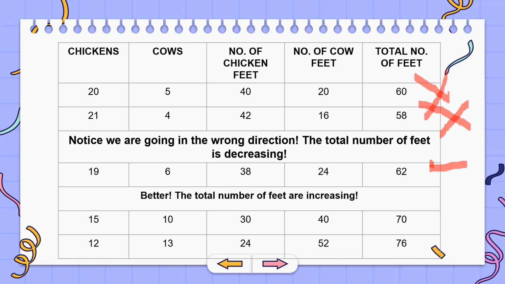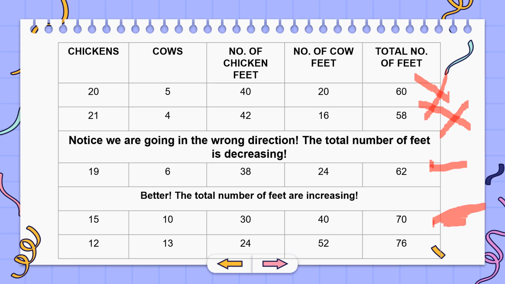Let's assume there are 15 chickens and 10 cows. 15 times 2, 30. 10 times 4, 40. So, 30 plus 40 equals 70. So, we are now really getting closer to our target goal. We have, let's assume, 12 chickens, then 13 cows.